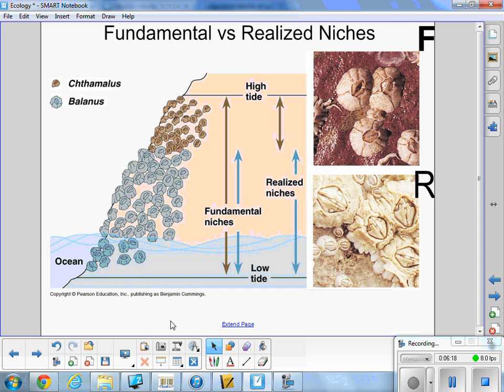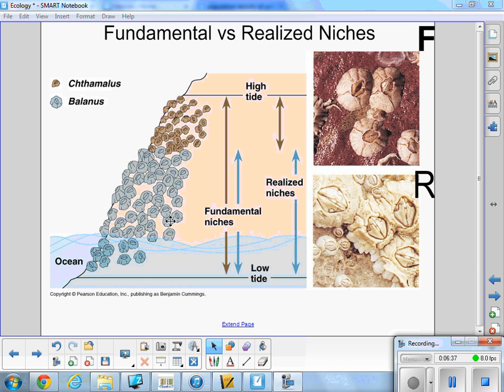So if we look at the fundamental niches of these organisms right here, these two are types of barnacles. I have the brown barnacle and the blue barnacle.